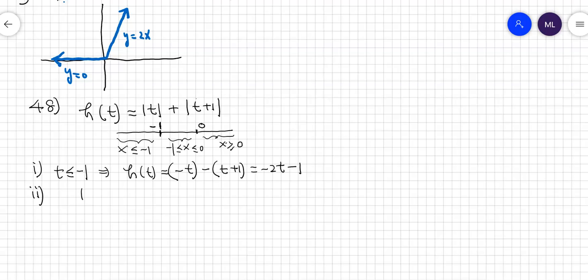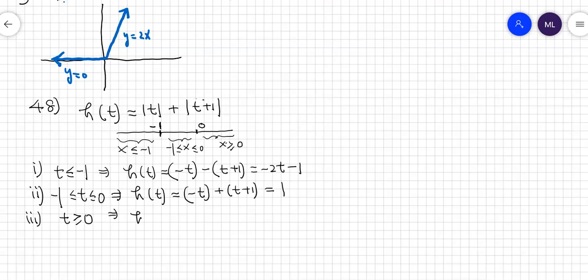When t is between negative 1 and 0, h of t is negative t. Now, this guy is positive, so simply t plus 1. So it is just 1. When t is positive, then h of t is simply t plus t plus 1, which is 2t plus 1.